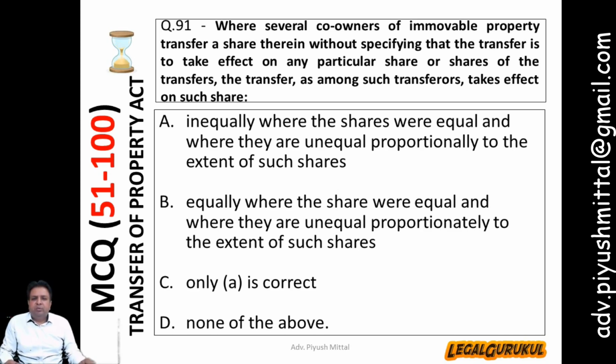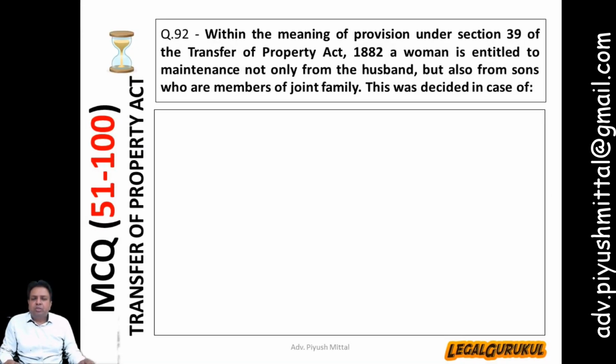B. equally where the shares were equal and where they are unequal proportionately to the extent of such shares. C. only A is correct. D. none of the above. And the correct answer is B, equally where the shares were equal and where they are unequal proportionately to the extent of such shares.